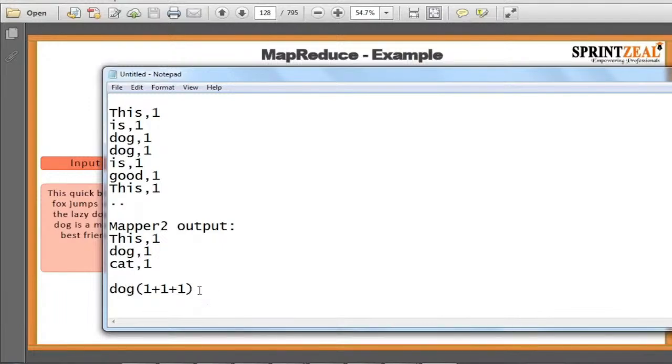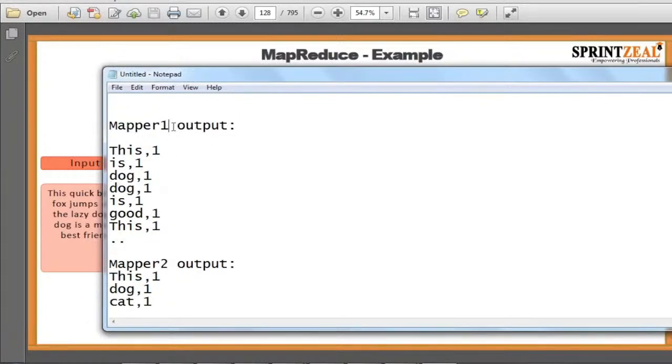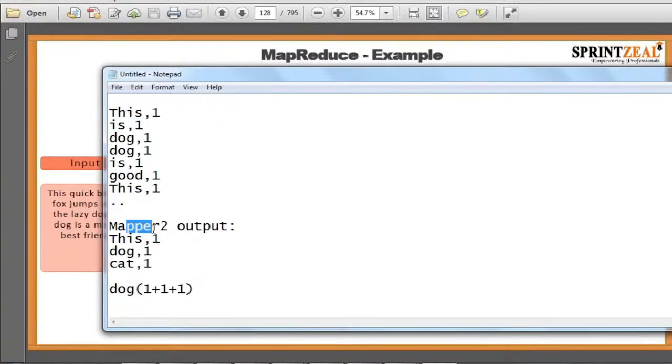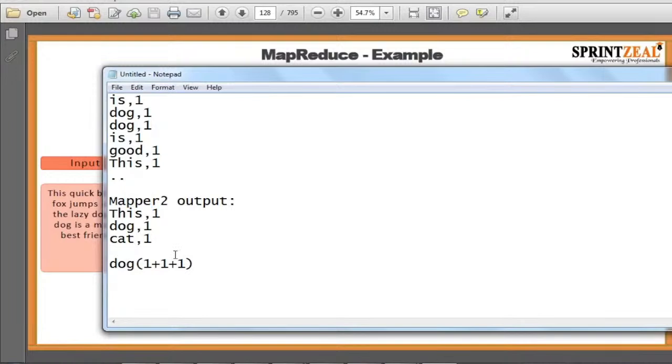To bring the data together, I need to shuffle, right? Shuffle means this entry from this mapper output and this entry from this mapper output have to go to one particular reducer which is going to add them up together. Let's say mapper 1 is running on node number 1 and mapper 2 is running on node number 2, and my reducer might run on node number 3, for example.